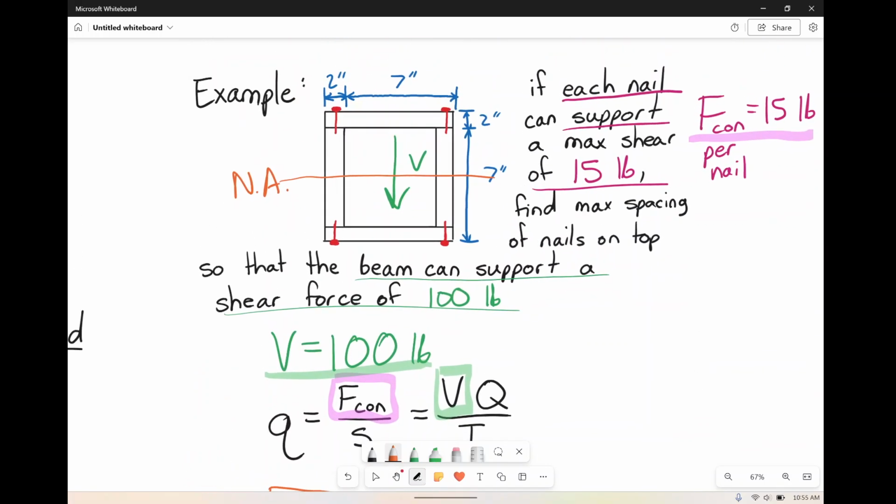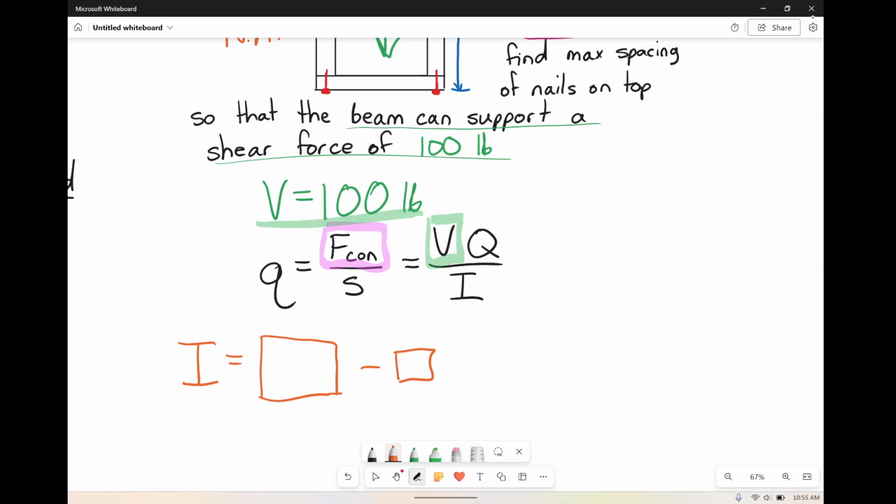And the reason I'm going to do that is because both the big square and the small square have their centers at the same exact point, which means when I'm solving for moment of inertia, I am not really having to use parallel axis theorem because the center of the whole shape is at the center of the big one and at the center of the small one, so it's the exact same point.